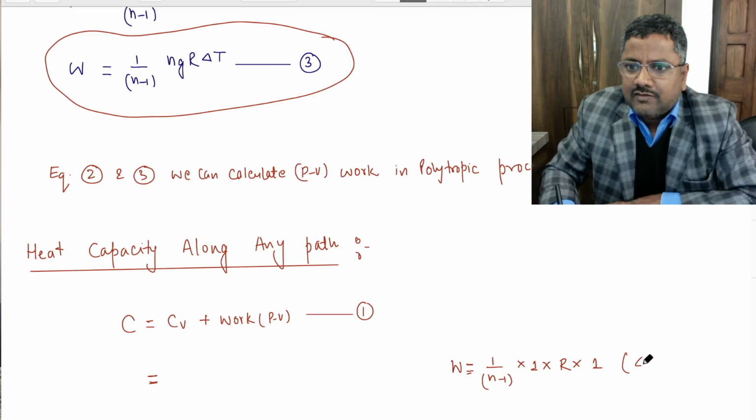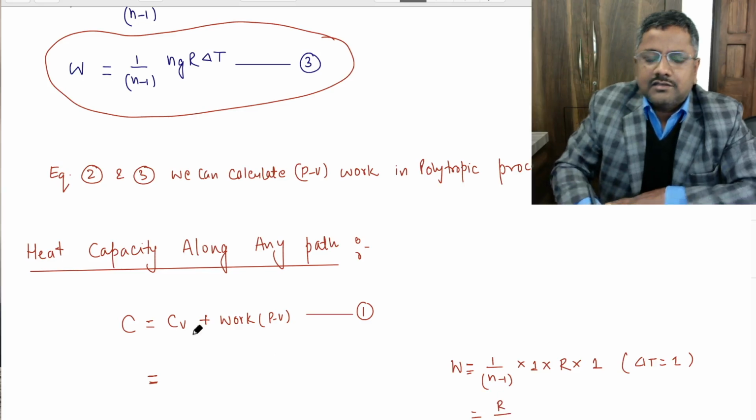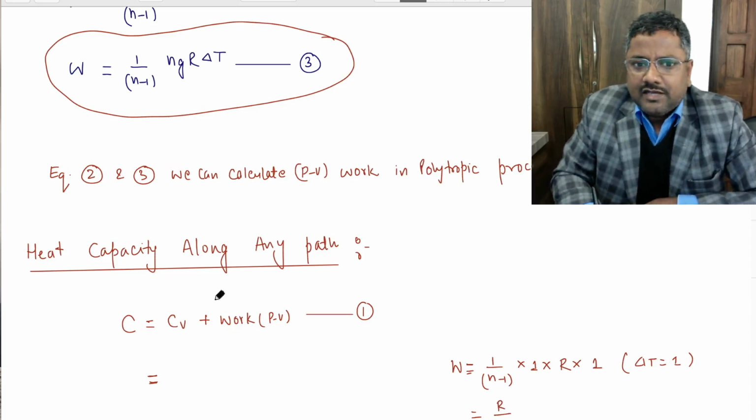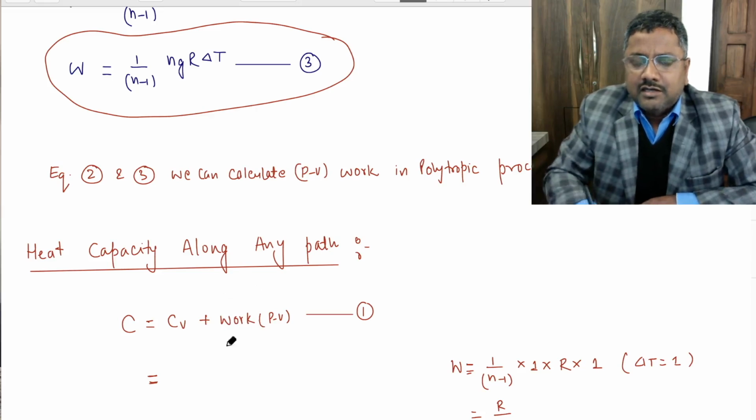So this is always delta T equal to 1 degree Kelvin or 1 degree Celsius, right? So this is equal to R by n minus 1.